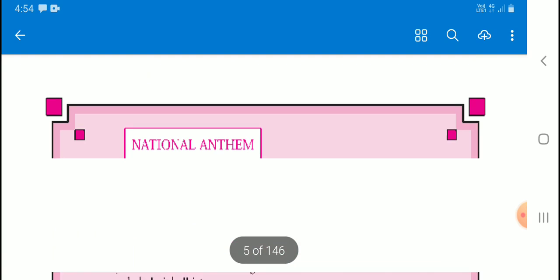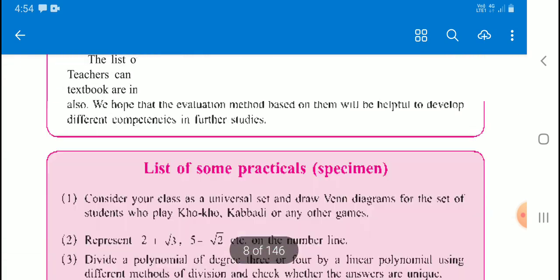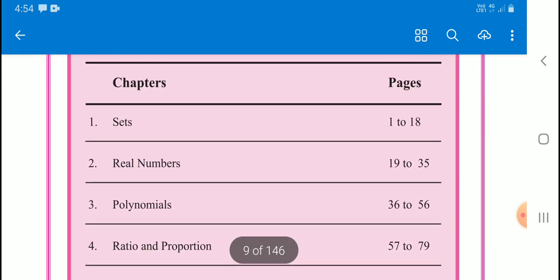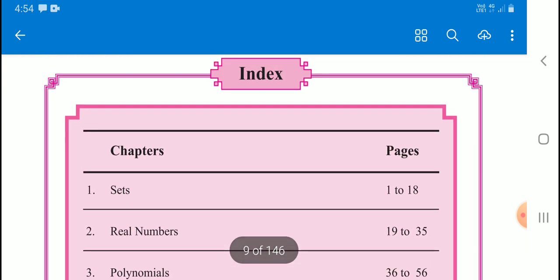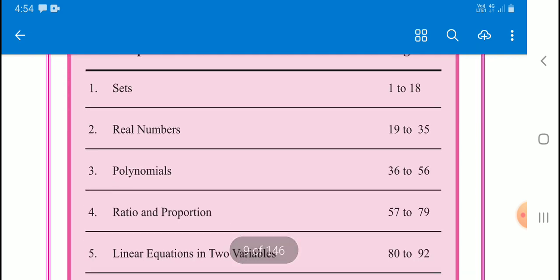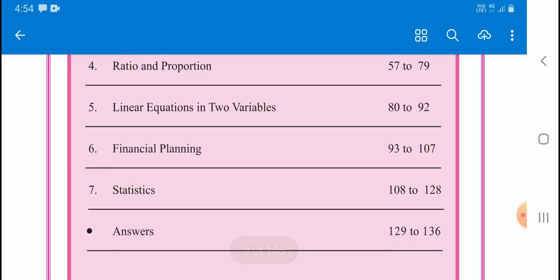Next to that, there are a total of 7 topics in your Maths 1 book. These are sets, real numbers, polynomials, ratio and proportion, linear equation in two variables, financial planning and statistics.